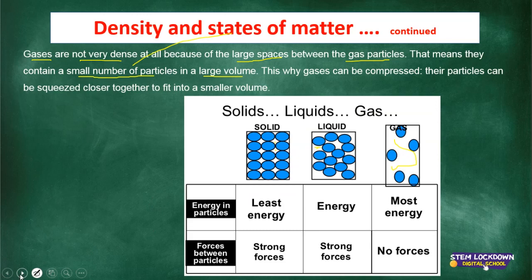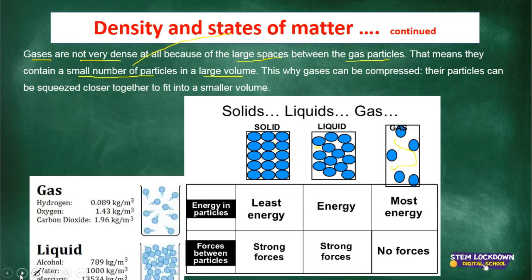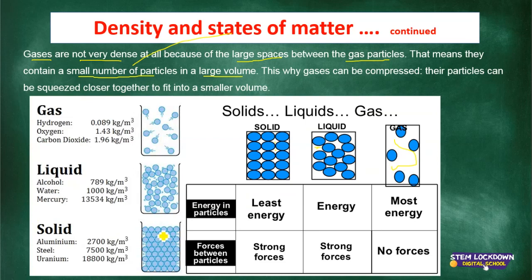So I'm going to show you another diagram here that also explains this. In a solid, we look at the particles here: it's compact, it's closed, and it's definite and fixed. In a liquid, they're free to move around, and in a gas, they are far apart.